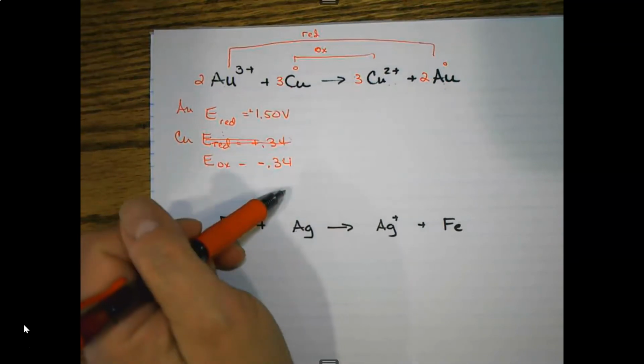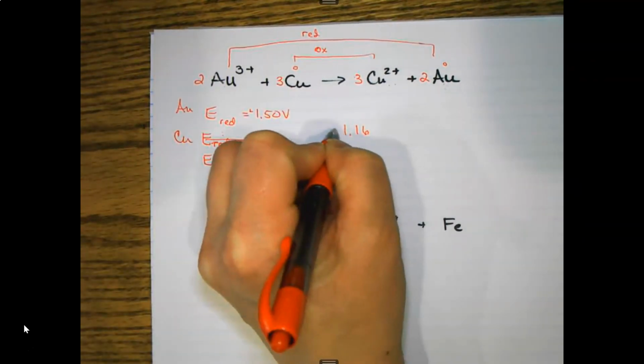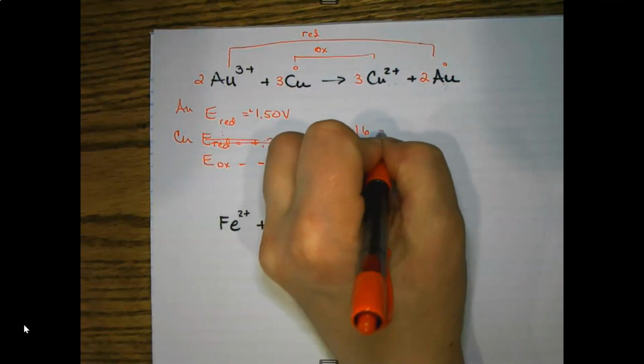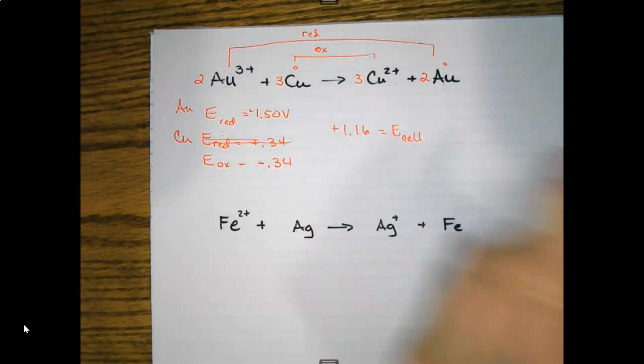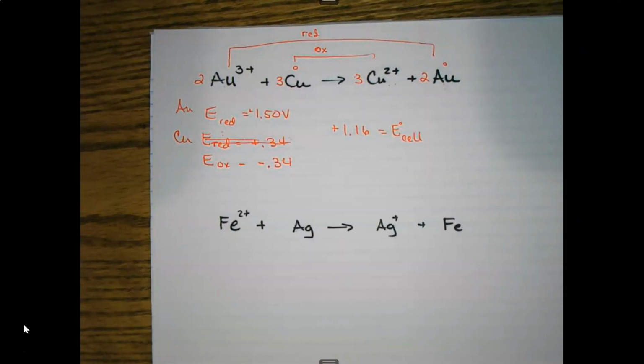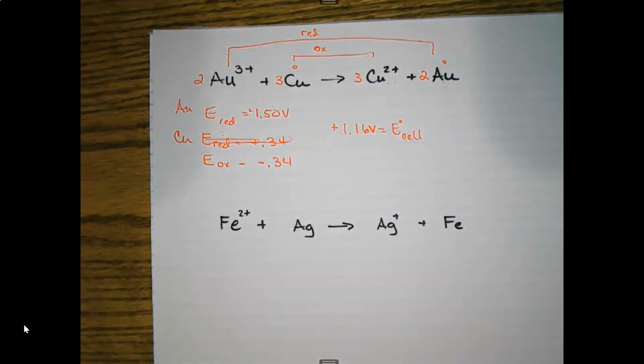So if I add these two up, what voltage do I get? 1.16 positive. So the standard voltage for the cell, and usually we put a little naught there for standard, is 1.16 volts. Okay, so the unit for that is volts. So that's how I can figure that all out.